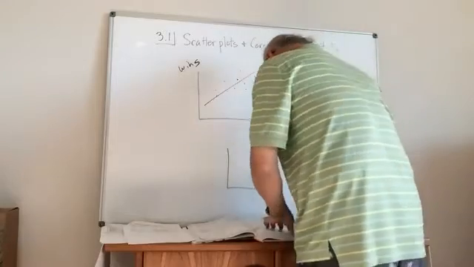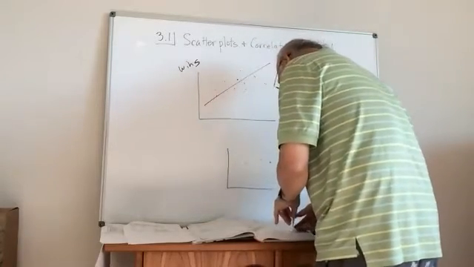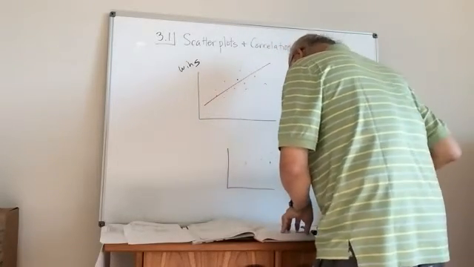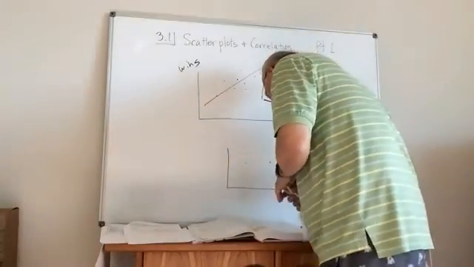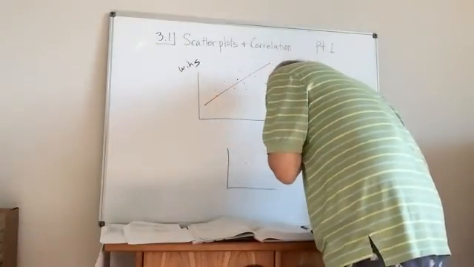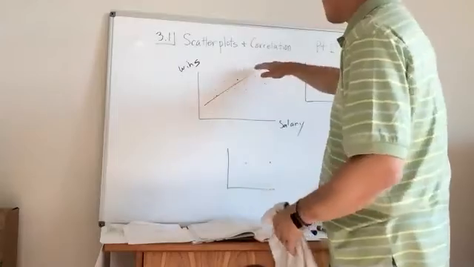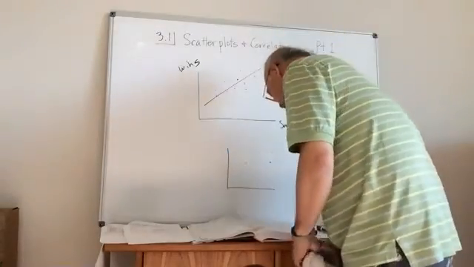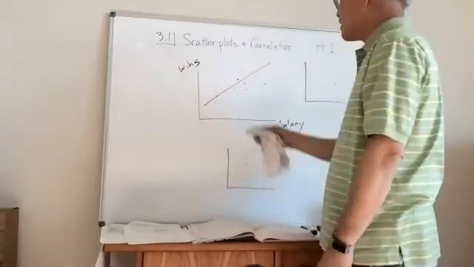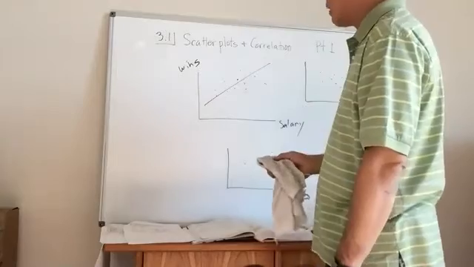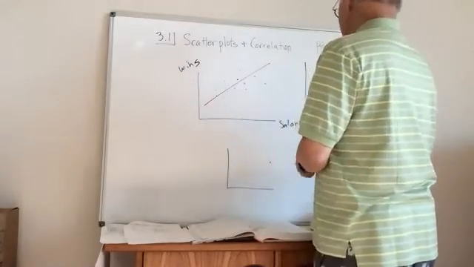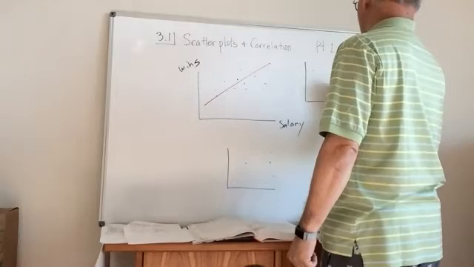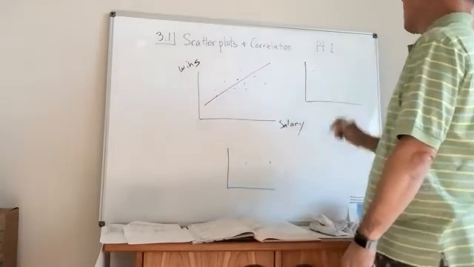Underneath on page 157, it shows you how to describe a scatter plot. What do you have to write there? You have to write whether it's positive or negative. That's the direction. Then the form: is it a linear relationship or not? You might find some scatter plots that look like that.